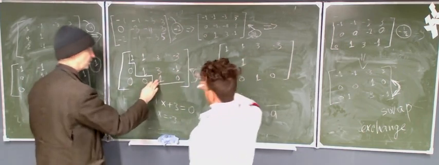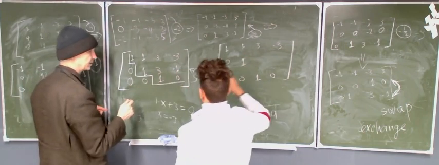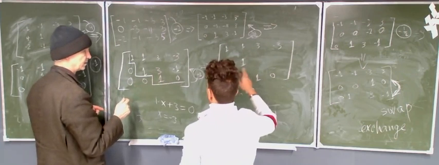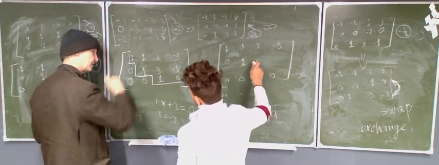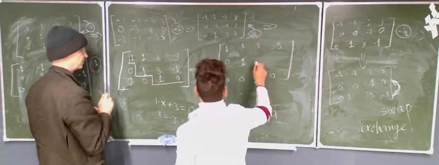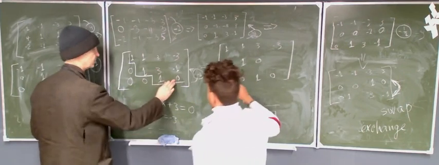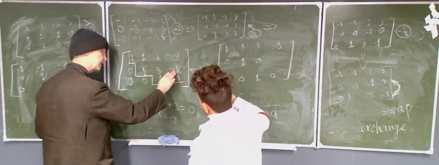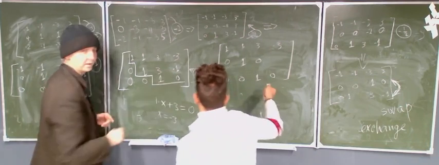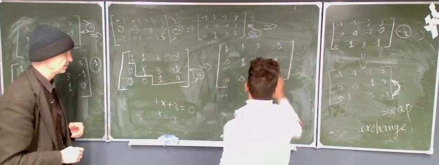Then 1 multiplied by minus 3, minus 3, and this minus 3 is added to this 3, 0. Then this 0 is multiplied by minus 3 with 0 and added to this minus 1. Therefore, minus 1. Good.